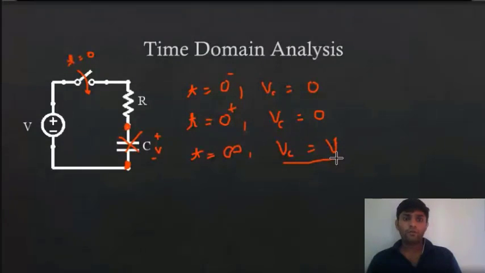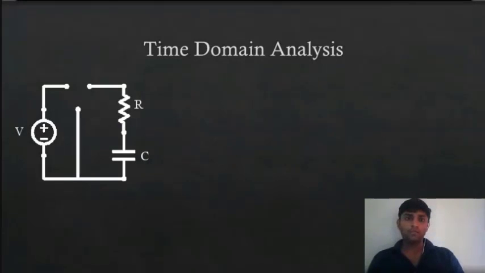Okay, so if there is no doubt, we can take a circuit similar to this one again. Let me take this as position 1 and this as position 2. Earlier the switch was connected to position 1, and at t equal to 0, the switch is moved from position 1 to position 2. So now can you tell me the conditions at t equal to 0 minus?